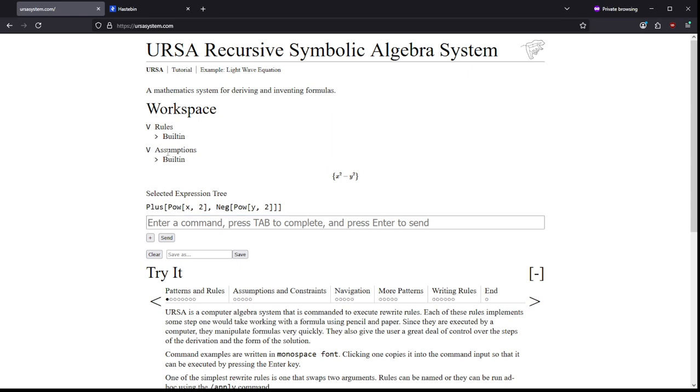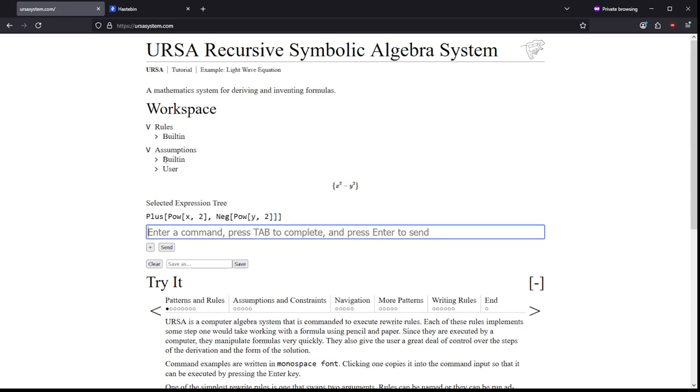There are lots of things that assumptions are used for, but one of those things is making definitions. So I'm going to say assume, and definitions are called equalities in URSA right now. Equality, and in square brackets you put the name of the equality, and then a colon, and then the data of the equality, which is that y of 0 equals 1.